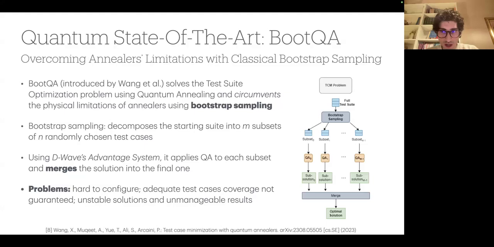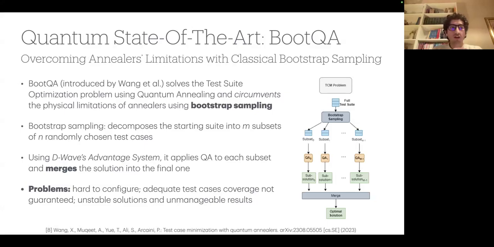But the problem with this approach is that the bootstrap sampling samples the n test cases of the m sub-problems totally randomly. And this led to a set of problems. First of all, it is really, really hard to configure. We spent much more time configuring it than actually using it. But also, this random nature of the bootstrap sampling doesn't guarantee that we would have adequate test case coverage.